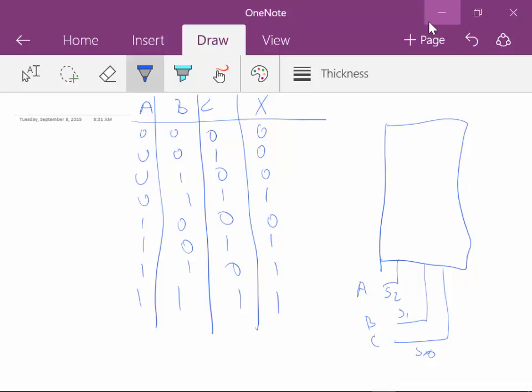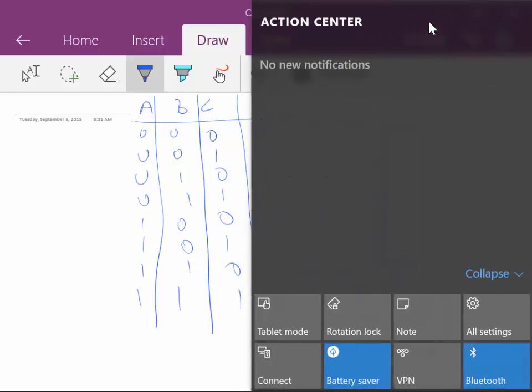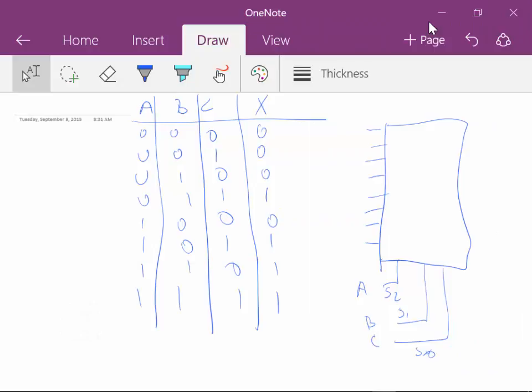So we're using our 3 inputs as our select lines, and we take our 8 inputs, and I'm just going to show them here. I've got I0, 1, 2, 3, 4, 5, 6, 7, I7 right there.